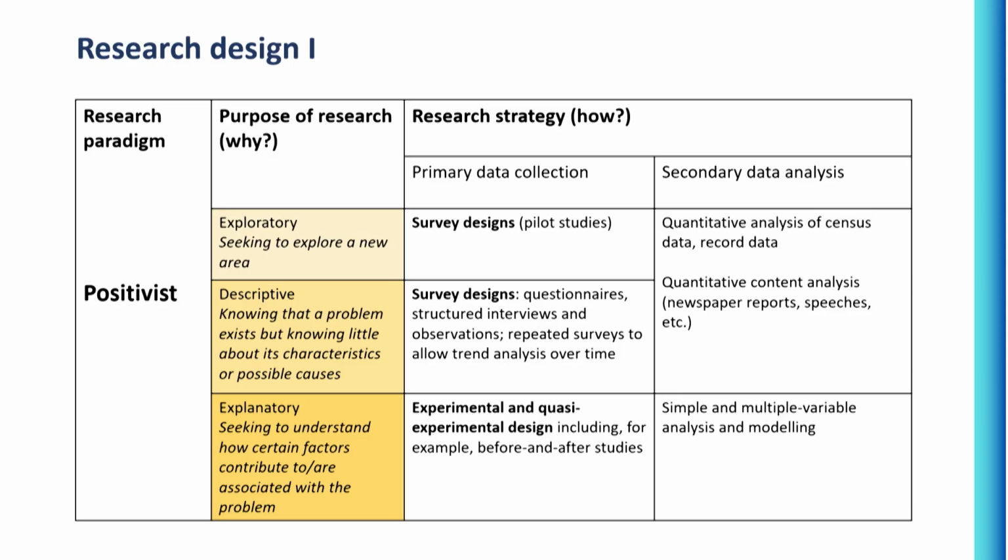So this is where a positivist researcher could do something that sounds qualitative, but it's actually quantitative. How would you do a quantitative content analysis, for example, of media reports about a certain topic, about road traffic injuries? What would it imply to do a quantitative analysis?